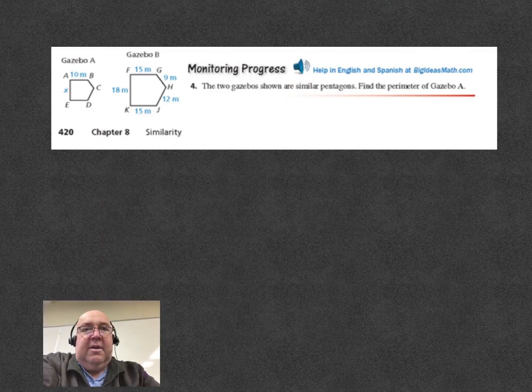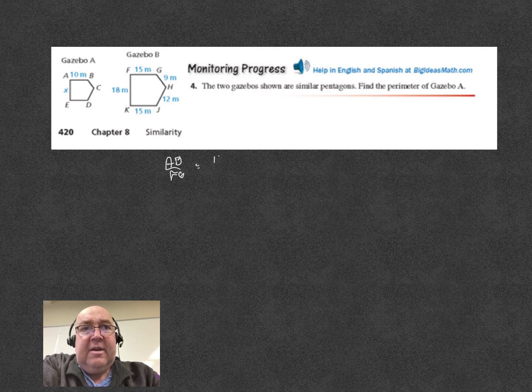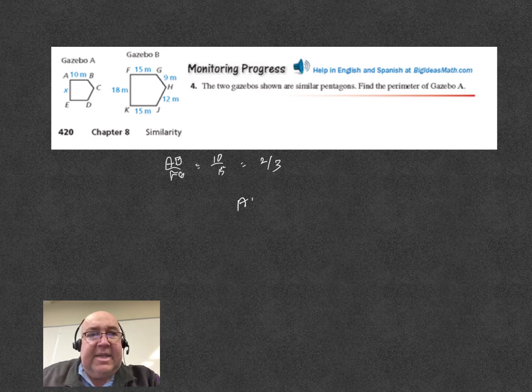Here we're looking at having 2 gazebos built, so we want to look at the similarity of AB to FG, which is 10 over 15, which is 2/3. So now we know that AB is equal to 10.